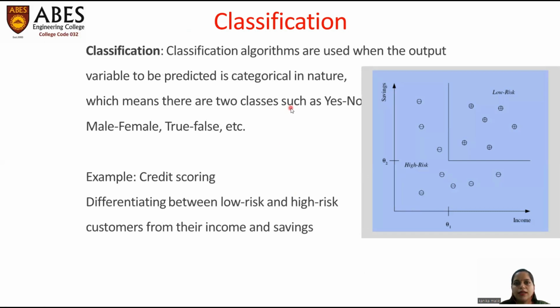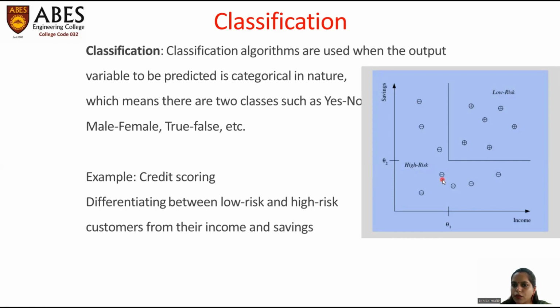So as I was telling you about classification, this is the basic definition of classification: it is the type of algorithm where the output variable is categorical in nature. One example has been given when we are analyzing the income and the saving pattern of a particular customer. As you can see, there are two types of data in this graph.